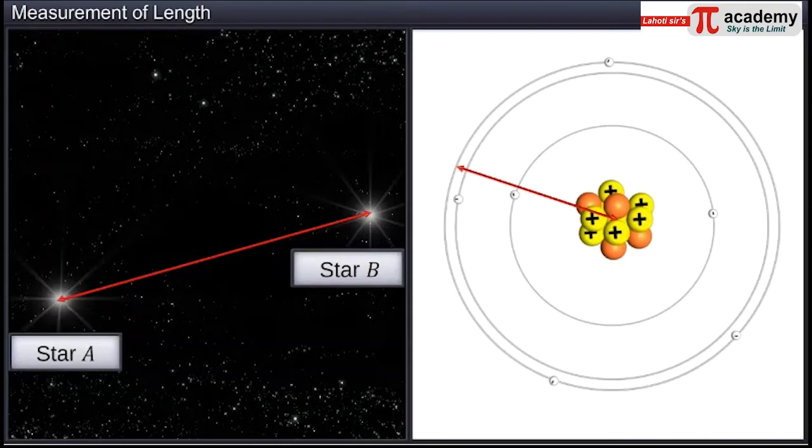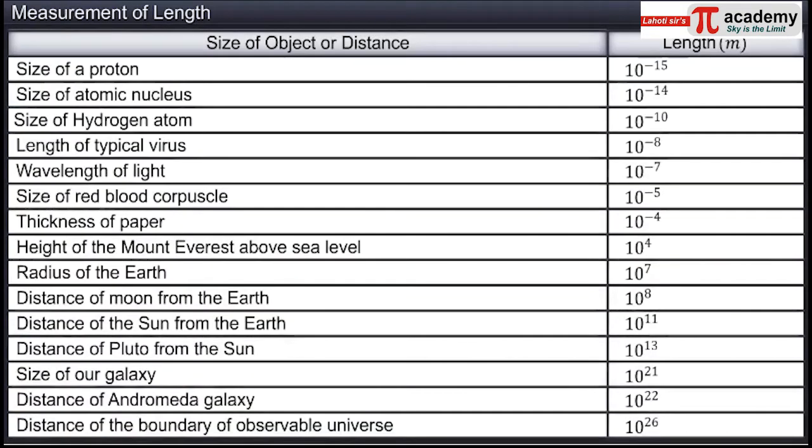We learnt how to measure a tiny molecular distance or a massive stellar distance. There are various scales of measurement in this range. A brief chart of the measurable distances is shown here.